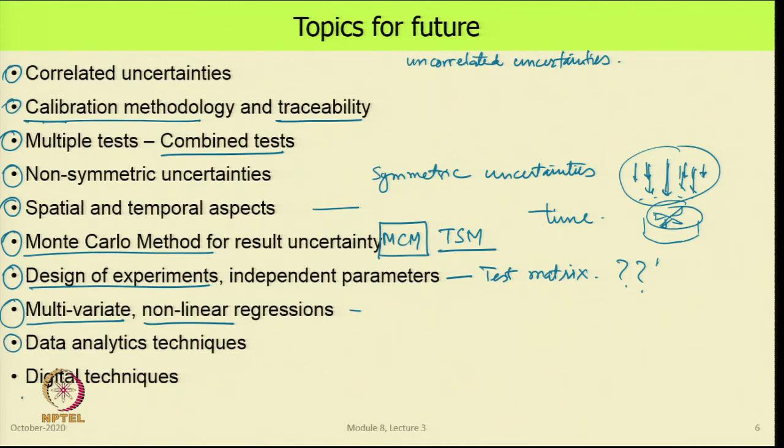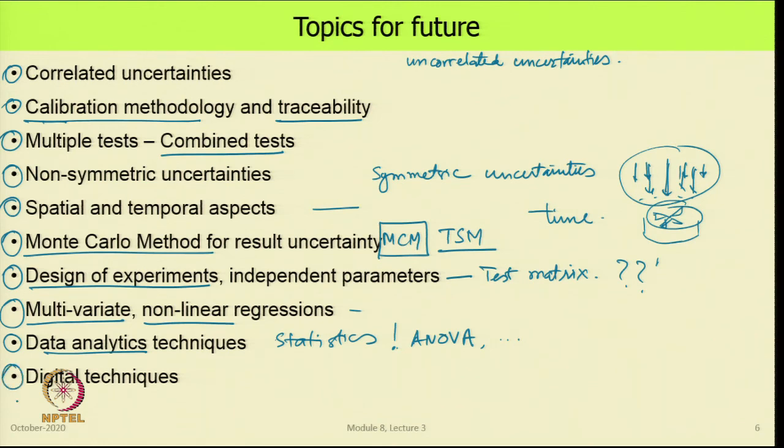Then we looked at various data analytics techniques. We have seen some data analysis techniques, but not many of the new analytical techniques that are there for data analysis, and many techniques where you need various levels of knowledge of statistics. For example, ANOVA, analysis of variance, we have not looked at.